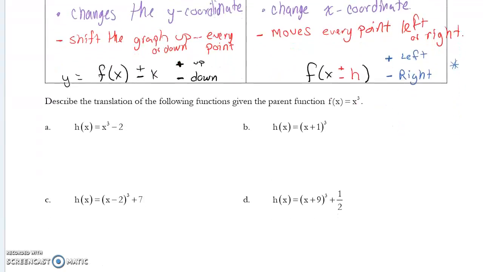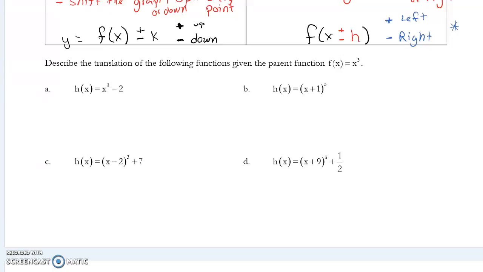All right, so moving on, I'm going to go through a few of these examples and just talk about what we are looking at. Here we have an x to the third. We have a cubic function, so the parent function here would have been h of x equals x to the third. This is a translation of that.